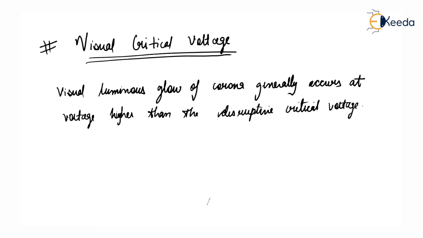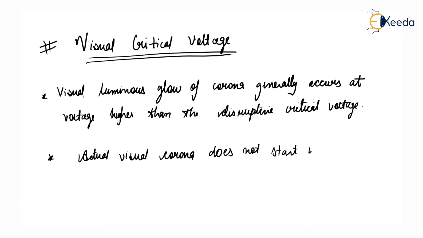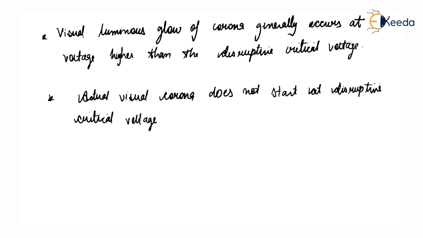The visual corona does not start at the disruptive critical voltage. See, for starting of corona, the maximum value of voltage gradient is 30 kV per centimeter.